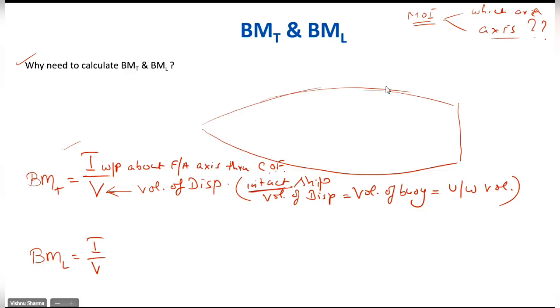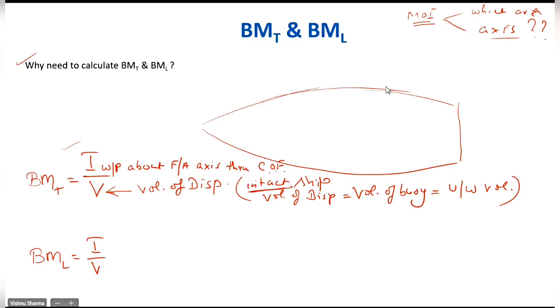So what is V? Don't call it underwater volume, call it volume of displacement, because in damaged condition, volume of displacement and volume of buoyancy, which mean the same, are different from underwater volume. In an intact ship, both are the same undoubtedly, but why unnecessarily learn the wrong way?